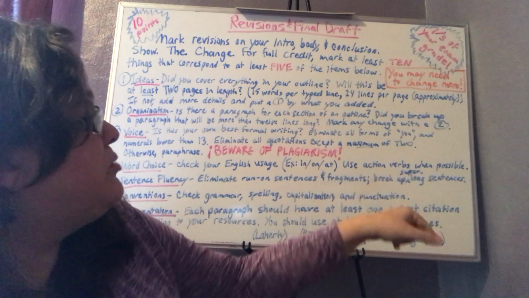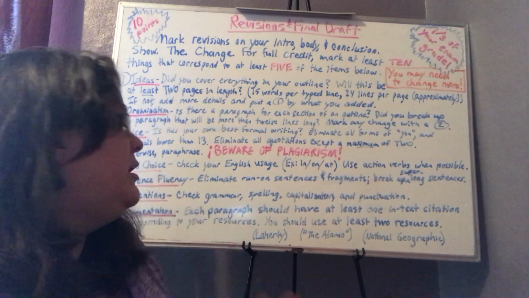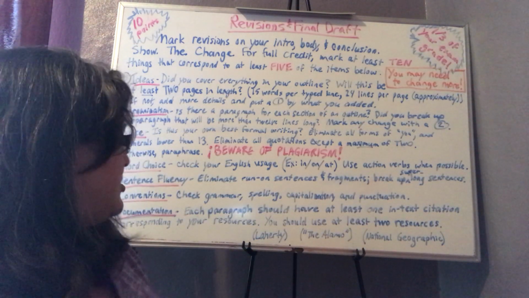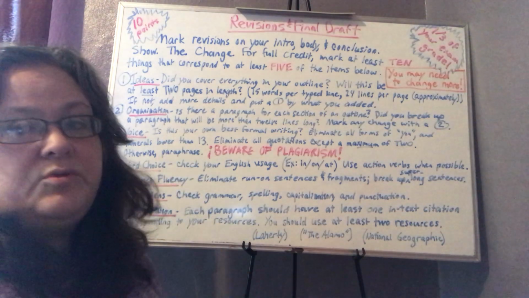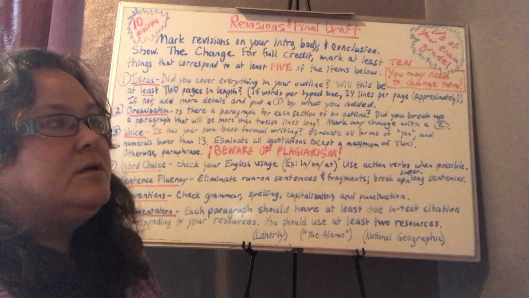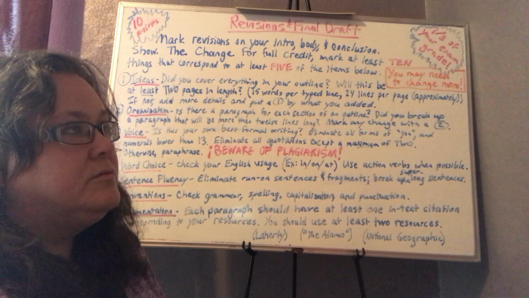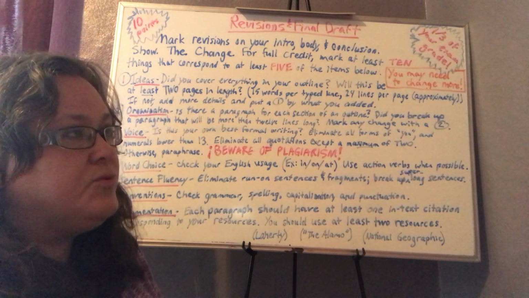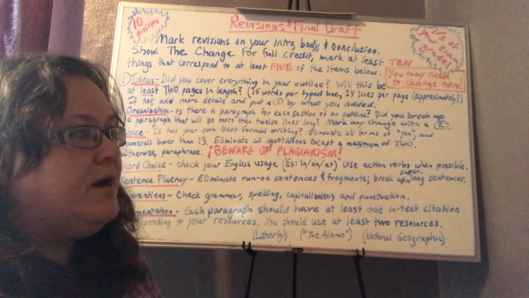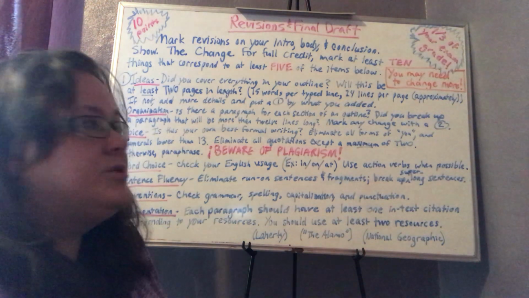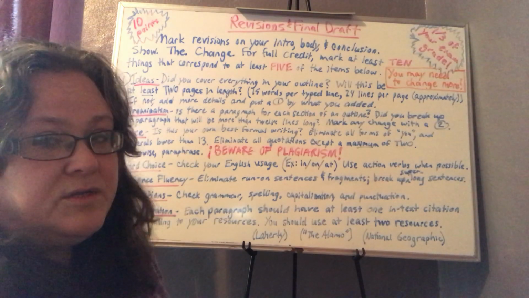Use action verbs when possible. Another way you can make a correction or a change on word choice would be, say, for example, there are 3 volcanoes on the island. So the word are is the verb. It is not an action verb.